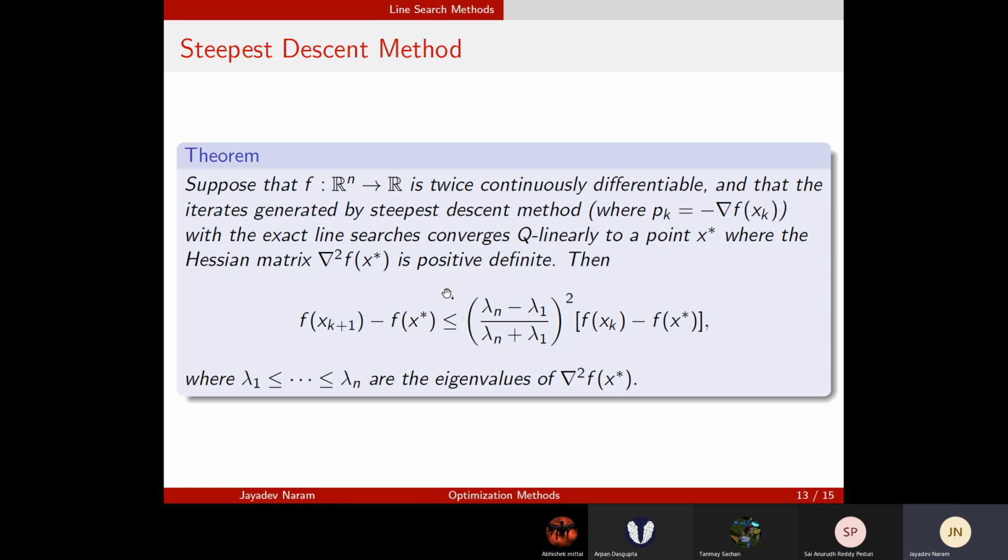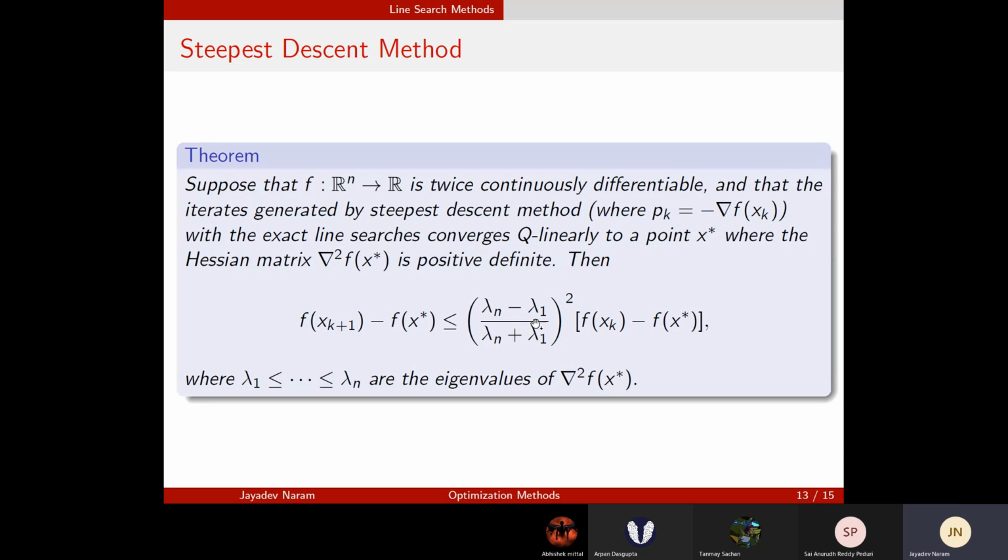And then this inequality is also satisfied for each f of xk. If you see this, this is a constant. These lambdas are the eigenvalues of the Hessian matrix at x star.